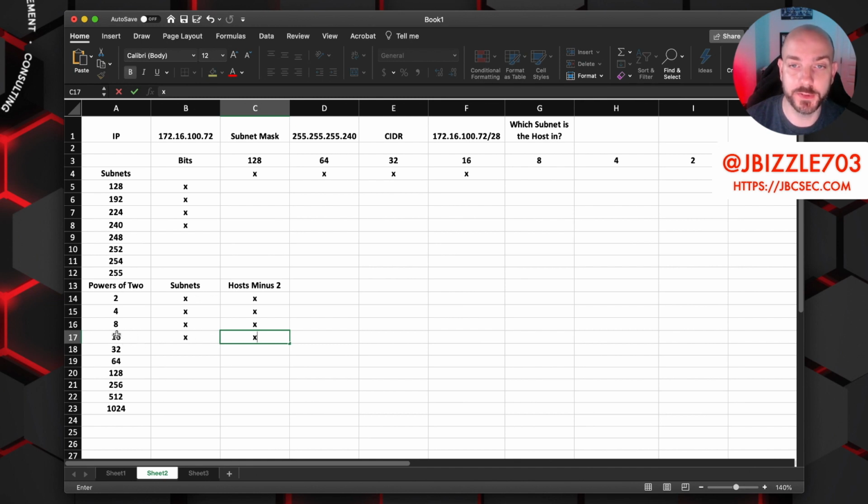But we know that each /28 subnet equates to 16 IP addresses. Well, this one we could probably do in our head because it's a little bit easier. So the first subnet starts at 0 and goes up to 15. Okay, well, we know that it's not in there. The next subnet, that's a /28, goes from 16 up to 31. Right? Okay, it's not in there. The next subnet after that is 32 through 47.